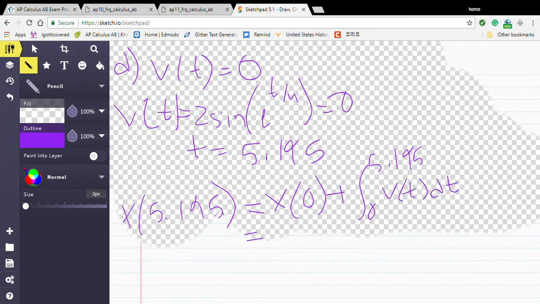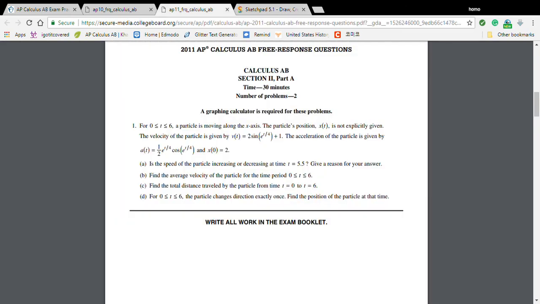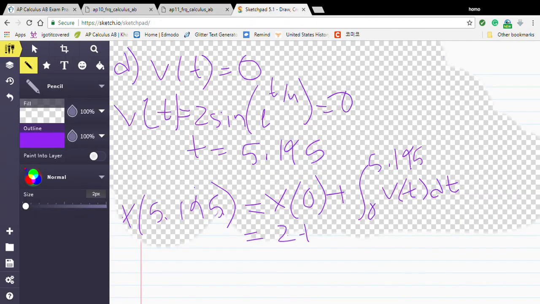In here, our initial is what? x of 0 is 2. This is what they gave us. Once we calculate this, the position at 5.195 is 14.134, and this is our answer.